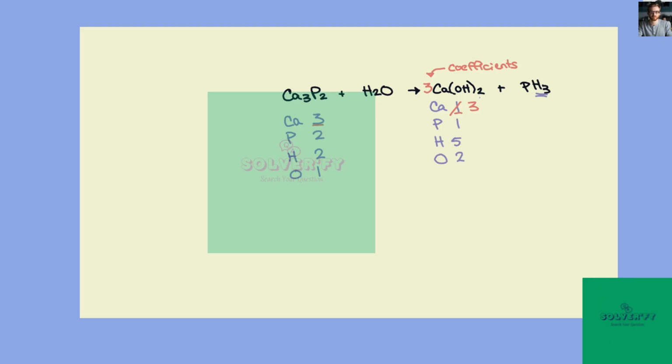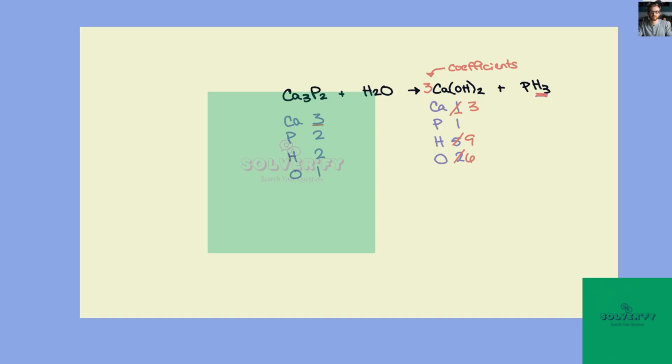Okay, so that changes the calcium to 3, but it also impacts other things as well, because if we have 3 compounds and each one has 2 hydroxides, 3 times 2, we have a total of 6 OH groups, which means 6 oxygens and 6 hydrogens plus the 3 that are over here. So that's a total of 9 hydrogens. All right.